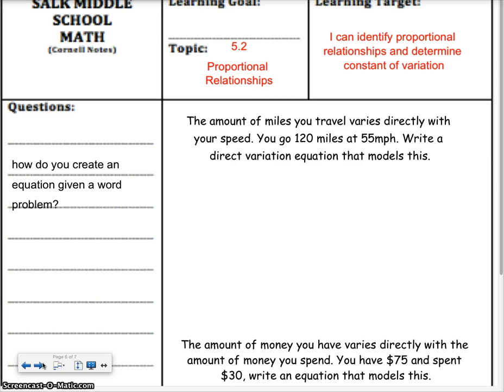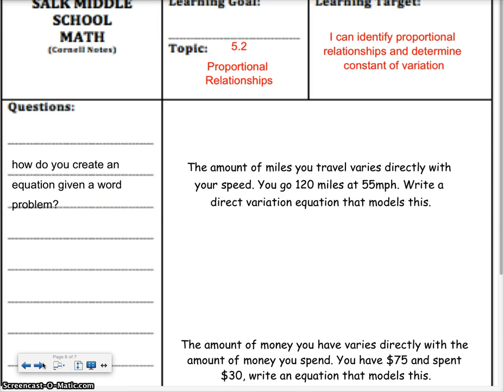Okay, so what I need you to write down is this sentence, because this is what you're going to be thinking of constantly when you see a word problem. y varies directly with x.